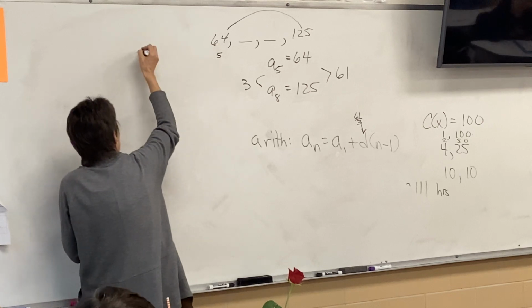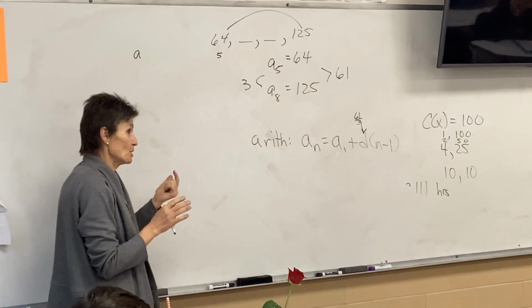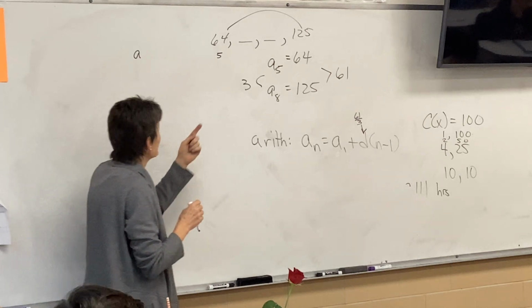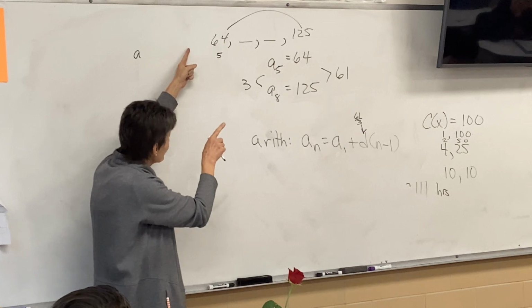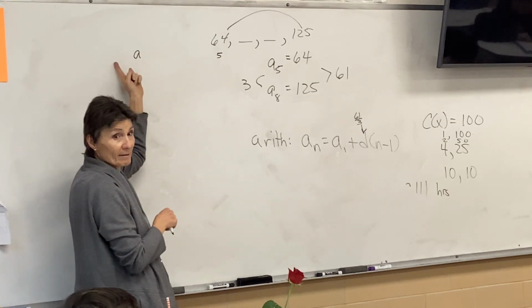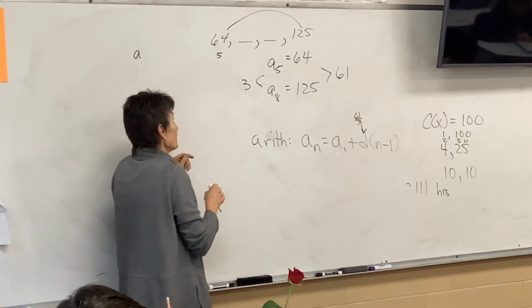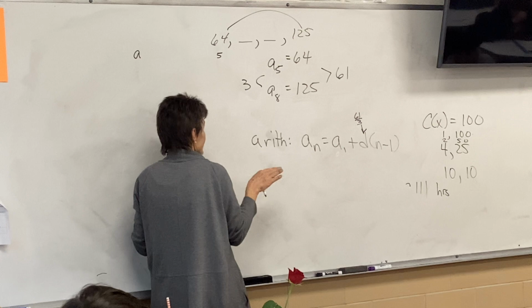I need to get all the way back to the first term. So I have some options. It wouldn't be that hard to take 64 and subtract 61/3 till I got back there. You can also use the formula itself.